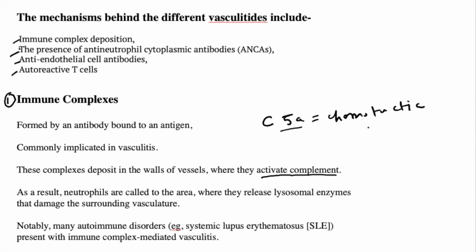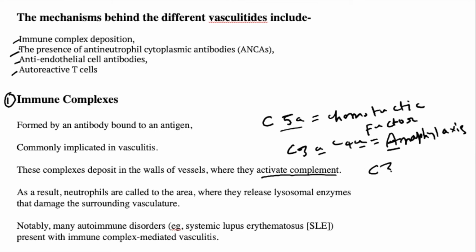Chemotactic factor, C5a. Apart from C5a, there are C3a and C4a, all A's. There is a perfect mnemonic: all A's, C3a, C4a and C5a, are also involved in anaphylaxis, and anaphylaxis starts with A. Apart from that, there is C3b, which is an important opsonization factor.